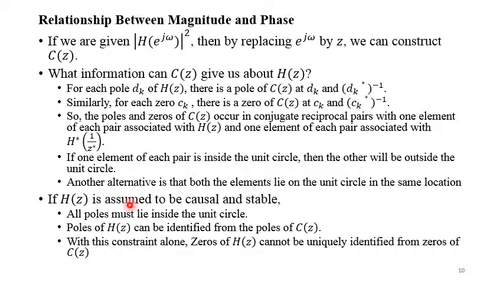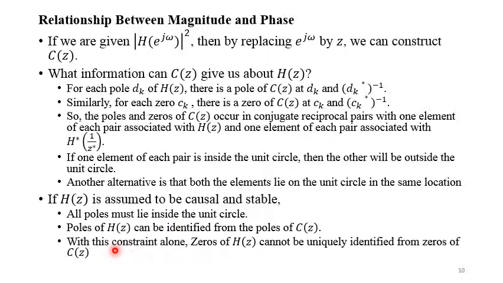So if H(z) is assumed to be causal and stable, then all poles must lie inside the unit circle, right? Because for a stable LTI system function, all the poles must lie inside the unit circle.